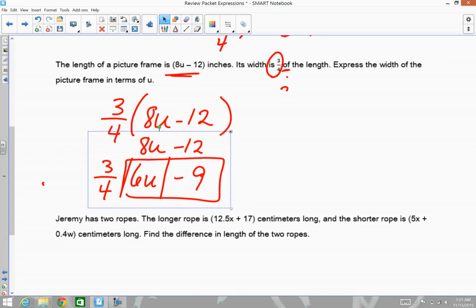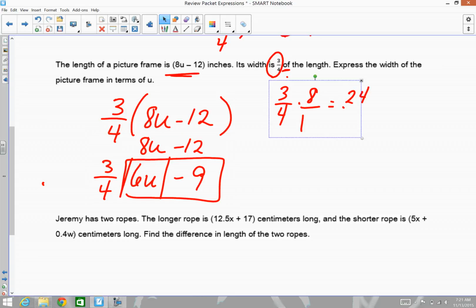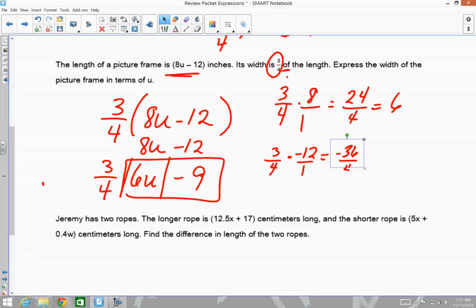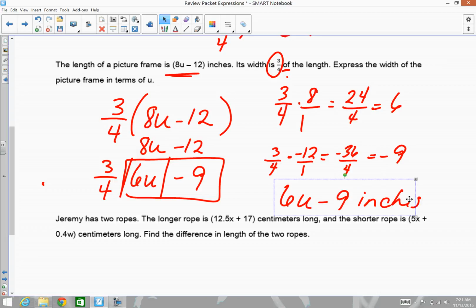Okay, I would set that up off to the side if you were unsure. Okay, and then your final answer is 6u minus 9 inches is your width.